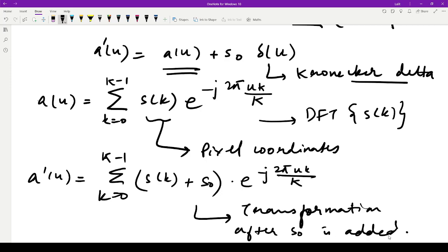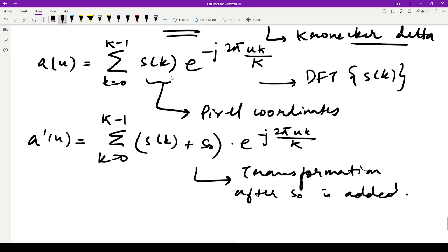Given this, how do we solve for it? One easy thing we can see is that it still contains a(u), right? It's very clear to see this.